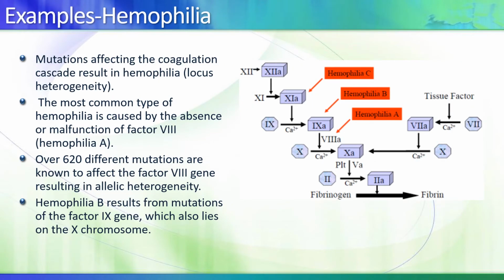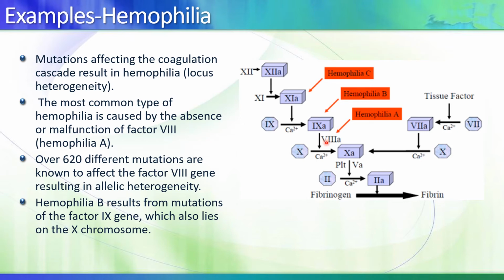So, an example of an X-linked disorder is hemophilia. Okay, so mutations affecting the coagulation cascade that result in hemophilia follow locus heterogeneity, which means that you have hemophilia, but mutations can be present in different genes. So you can have mutations in factor 9, factor 11, or factor 8.